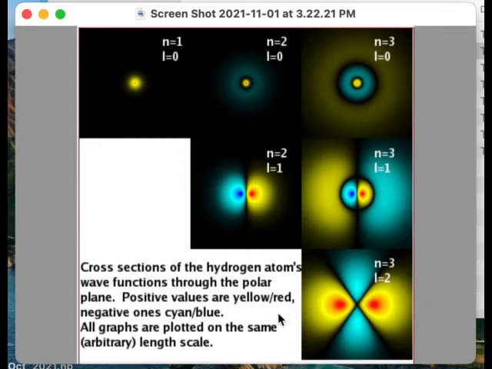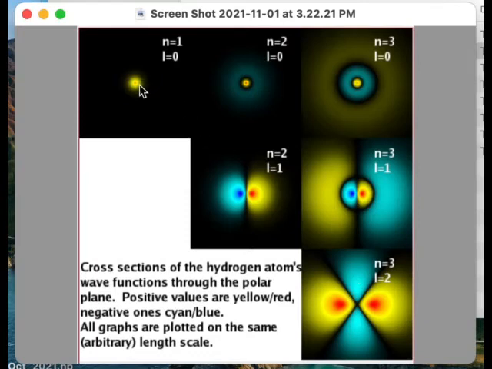Negative ones are cyan and blue. So, over on this side, which is the xy plane, you have a region where there's a wave function. And in the z direction, you also have a region. So you have sort of like 4 regions where the wave function is not 0.